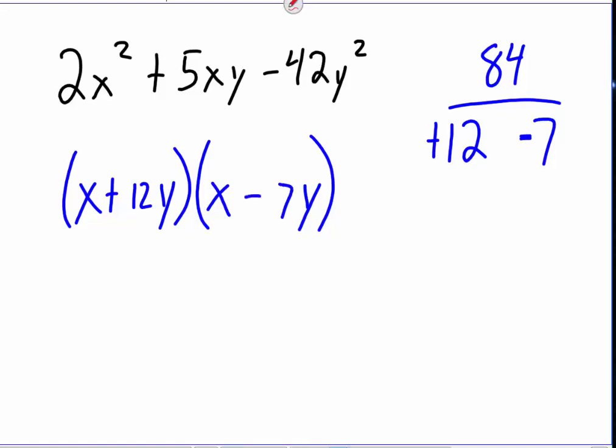Now, for the Australian portion of it, I'm going to take my 2 and put it underneath the 12 and underneath the 7. I'm going to reduce. 12 over 2 just comes out to be a 6, so it's 6 over 1, and there's nothing to carry in front of the x. So it's going to turn into x plus 6y.